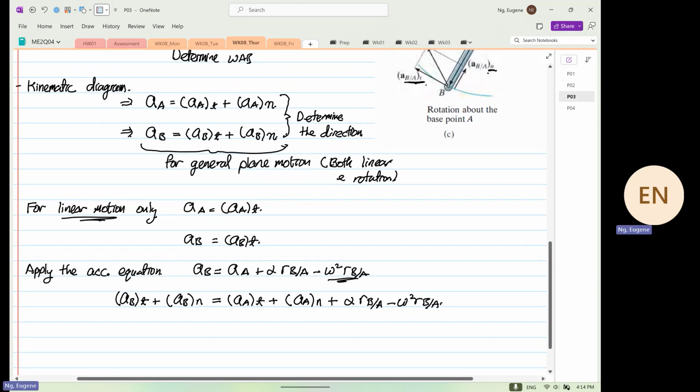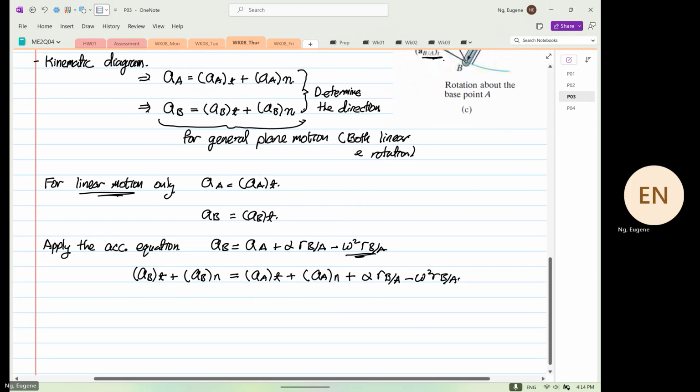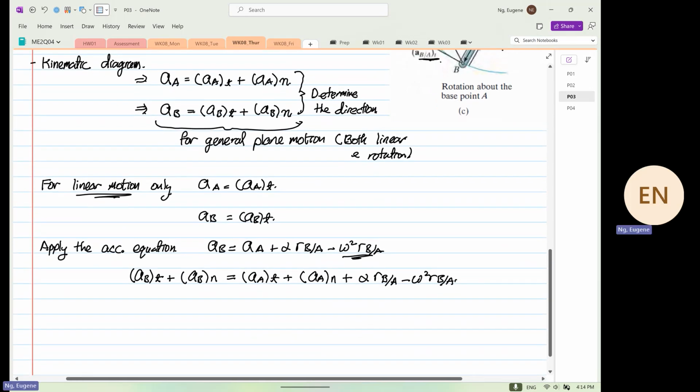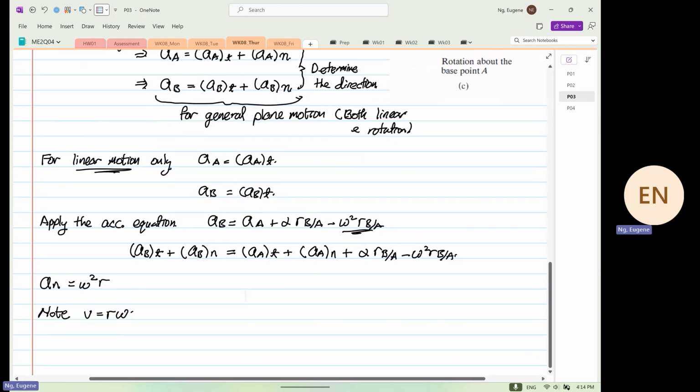Now I want you to pay attention to the formula, where you have AN. The normal AN we know is equal to omega squared R. So note that V is also equal to R omega.